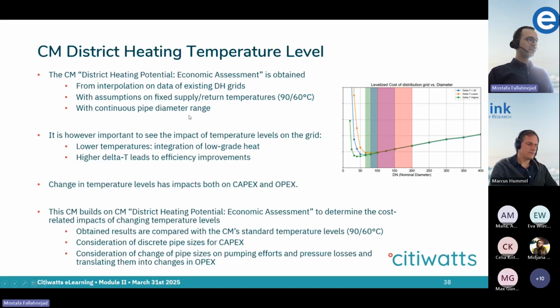It also uses continuous pipe diameter ranges. So the idea here is, what happens if I have a different set of temperature levels in my grid? If I have a higher delta T, lower delta T, completely lower temperature levels, and so on, and what is the impact of considering this discrete set of pipe dimensions instead of having a continuous pipe diameter?